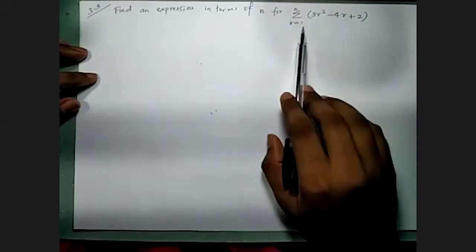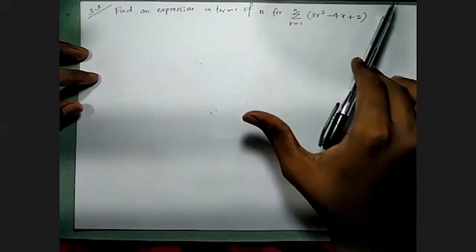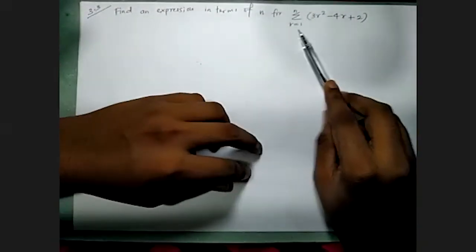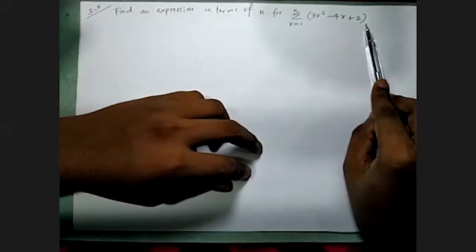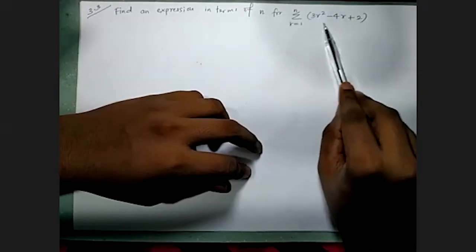So without giving a series, they have given the series notation with the general term directly. So we need to just apply the characteristics of series notation and the theorems.